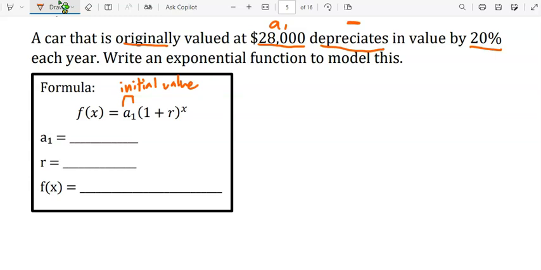Depreciates will make the R negative, and then R would equal 0.20. So we'll write those here. So A1 is 28,000. R is minus 0.20.